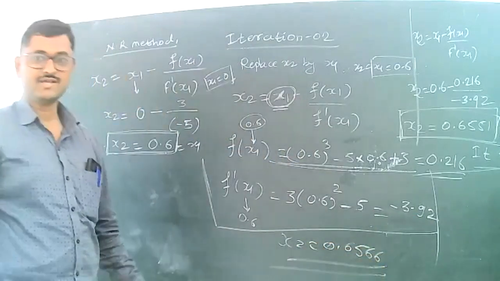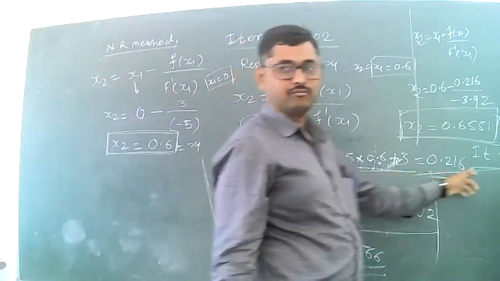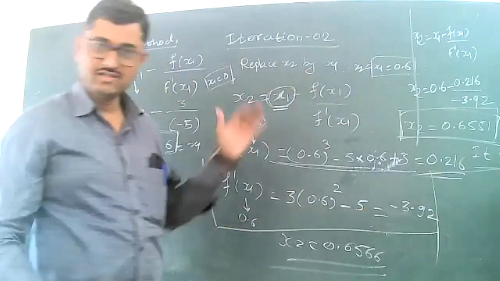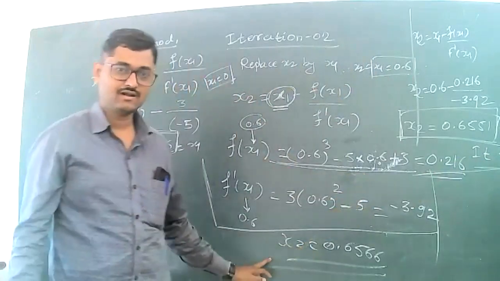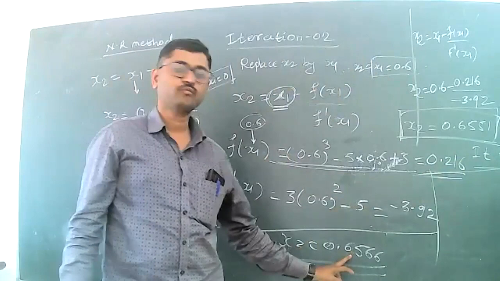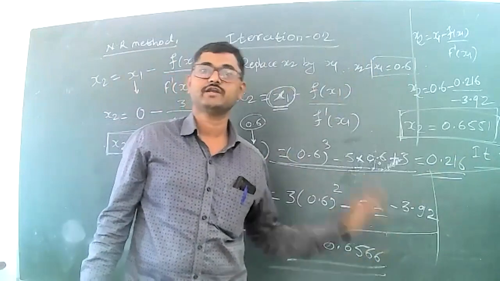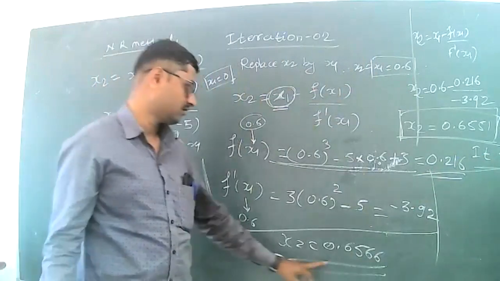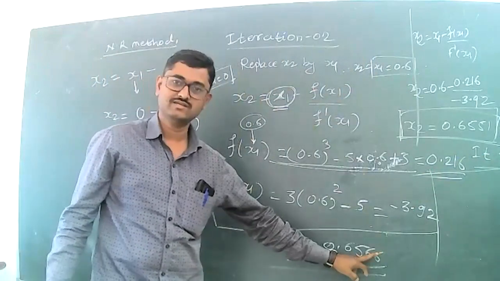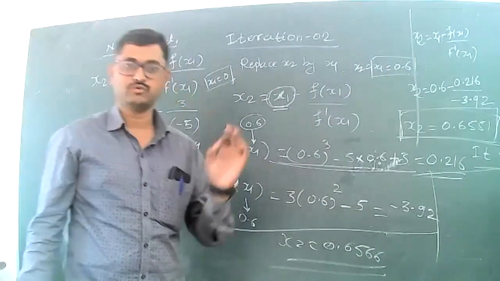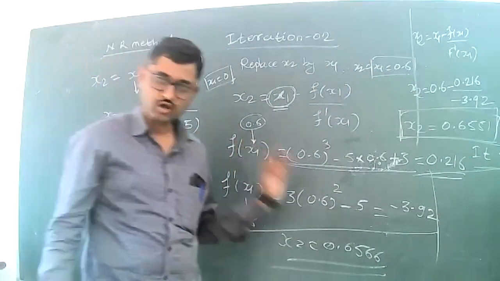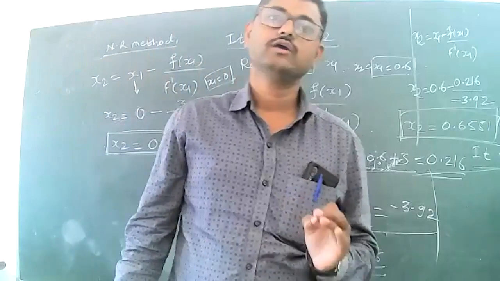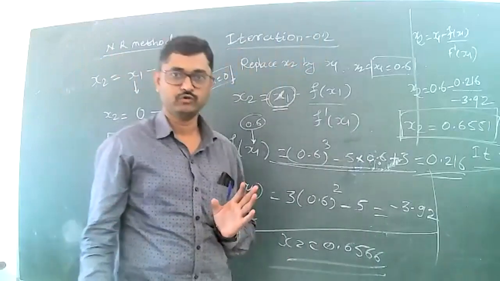When you repeat this procedure, you get x2 equal to 0.6566 for iteration number 3, which is the root of this equation. You have to solve this numerical based on the Newton-Raphson method using the iteration criteria.